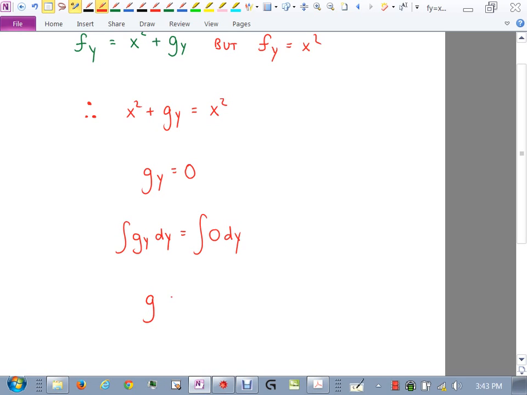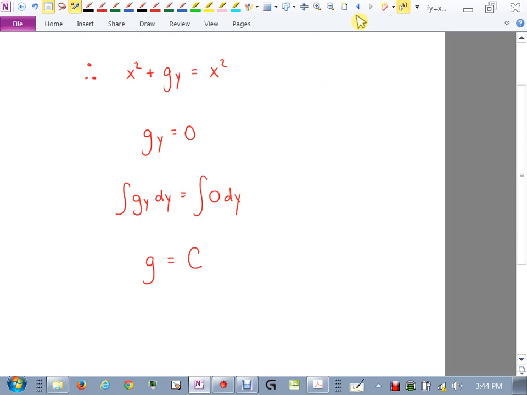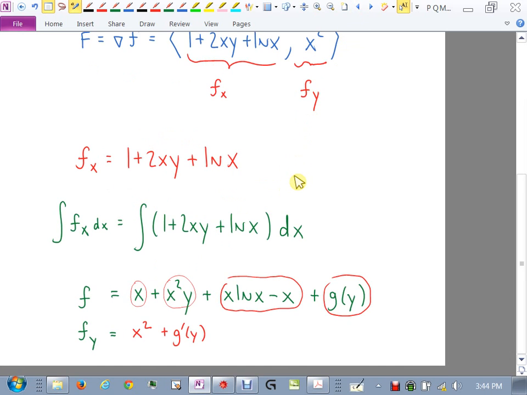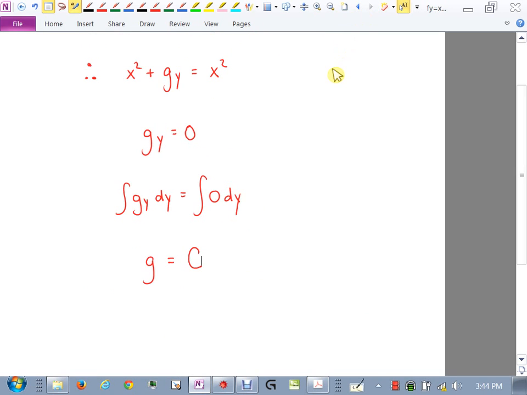That's just g. And then over here, what's the antiderivative of 0? A constant. Now, why do I know that there's not an x in here? I already dealt with that back here, where I said that this right here was a function of y only. I said x couldn't be in here, right? So that's a constant.